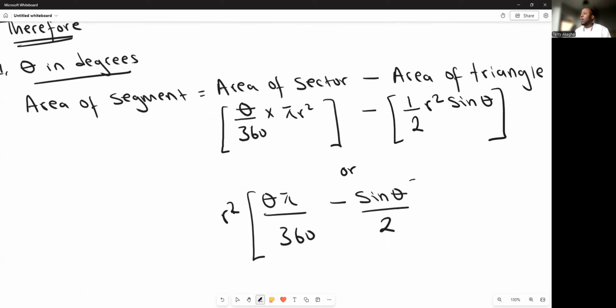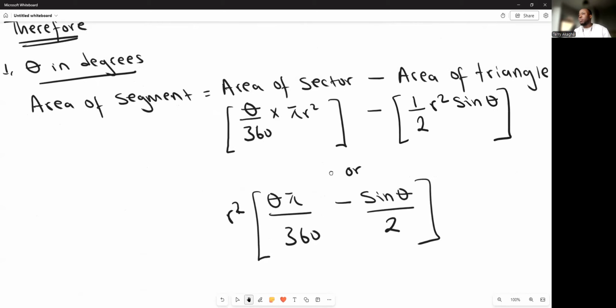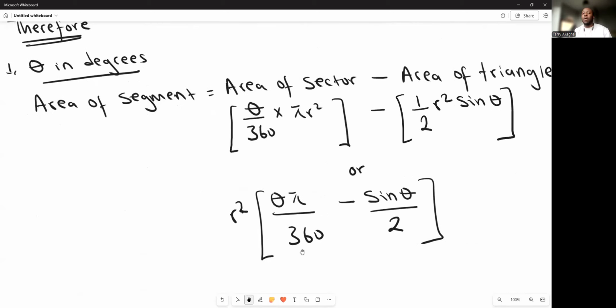So this is how you find the area of a segment. You can use this if the theta is in degrees, okay? But if the theta is in radians, you have to use a different formula. It's the same thing, it's just that the formula you're going to use for the sector is a bit different. We've dealt with this before.